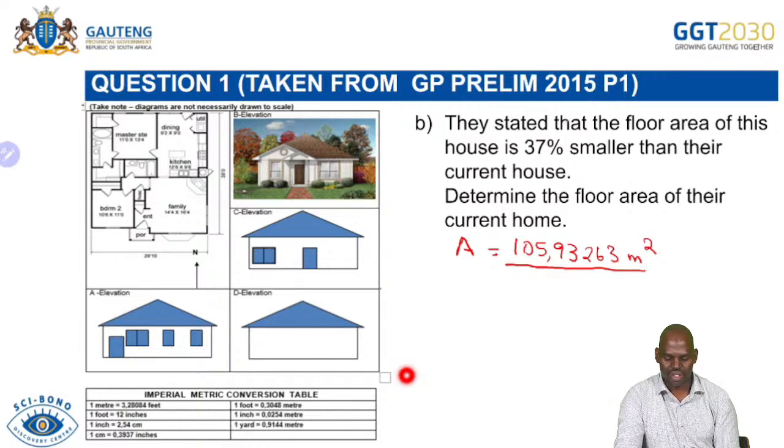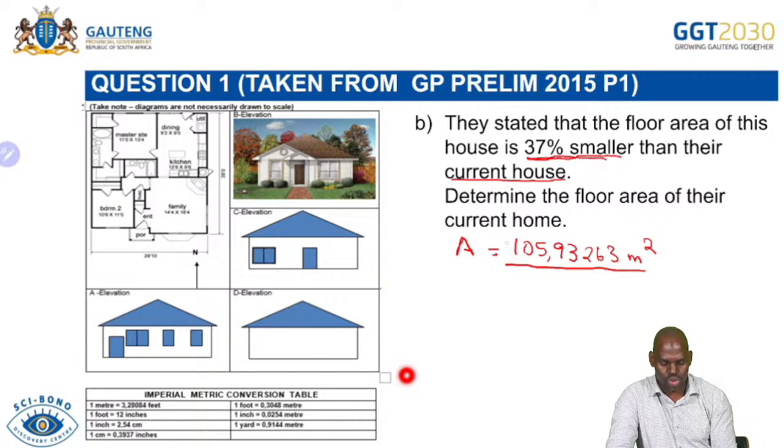But they stated that the floor area of this is 37% smaller than their current house. So if this is 37% smaller, what is their current house? So it means this one, we need to increase it by 37%.